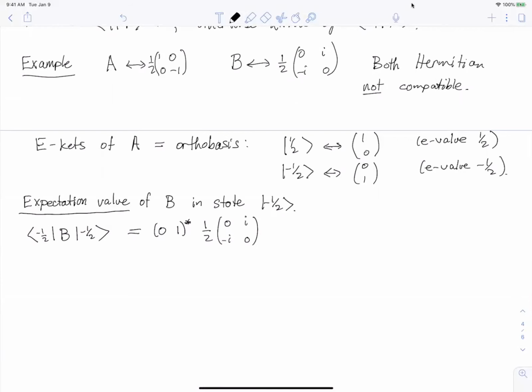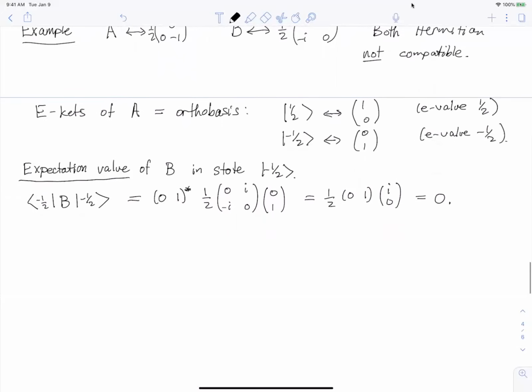And then the matrix representation of the ket minus 1/2 is 0, 1. Okay, which is 1/2 times (0, 1), because the complex conjugate didn't do anything, times (i, 0), which just happens to be 0. So that's saying the expectation value of B in the state where A has eigenvalue minus 1/2 is 0.